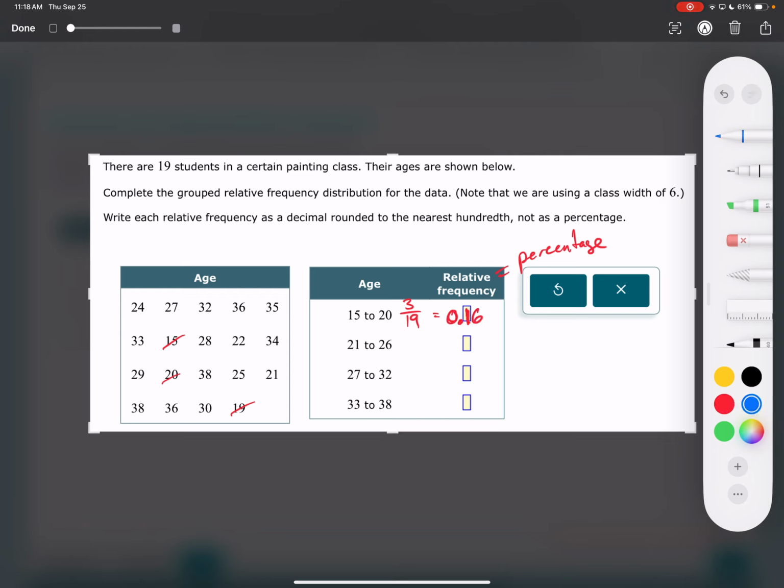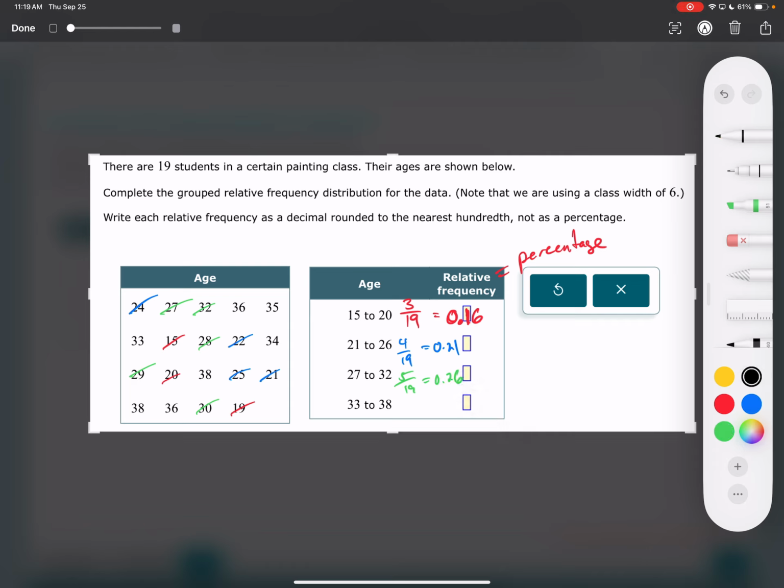All right, next one, 21 to 26. 1, 2, 3, 4. 4 out of 19 is 0.21. Next one, 27 to 32. 1, 2, 3, 4, 5. 5 out of 19 is 0.26.